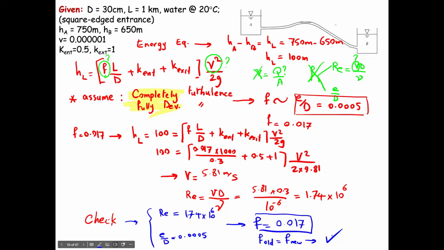Did we solve the problem? No, it says what's the discharge? But right now we know that the velocity that we had was correct. So you have the velocity, Q equal VA. If I have one more paper, I will do it for you. So if you are done, I'm going to the next page to calculate the Q for you.